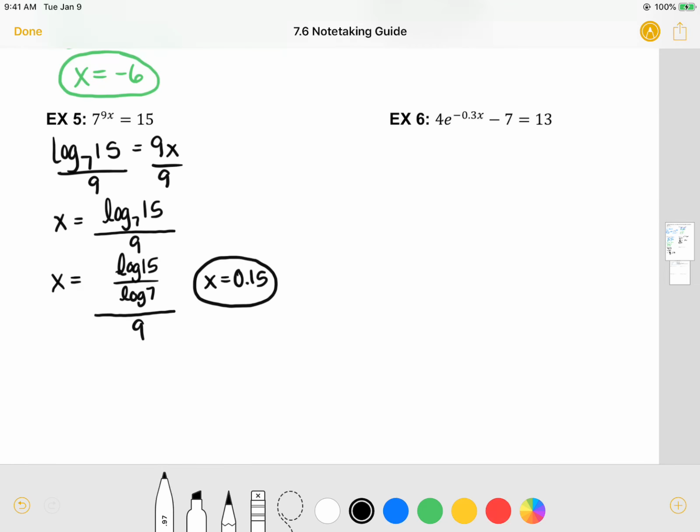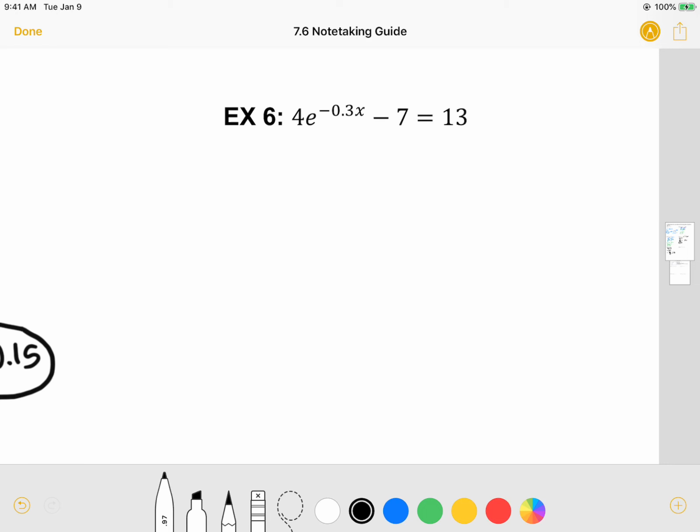Okay, and let's look at our last exponential here, and we're going to solve for x. So the first thing we should do is add 7 to both sides. Let's isolate our exponent. So we're going to rewrite this: 4e to the negative 0.3x is equal to 20.